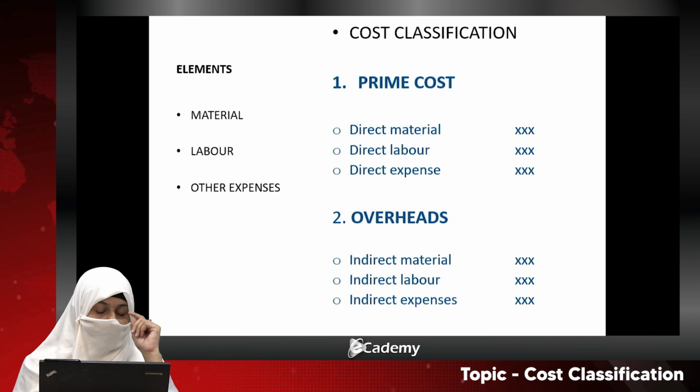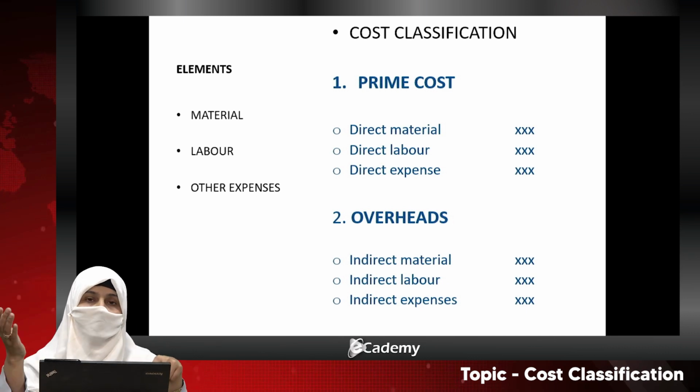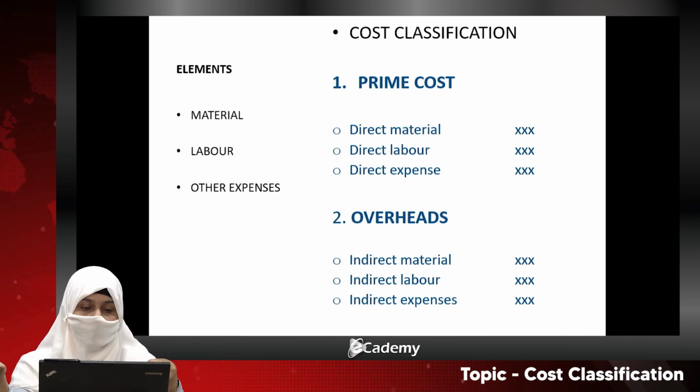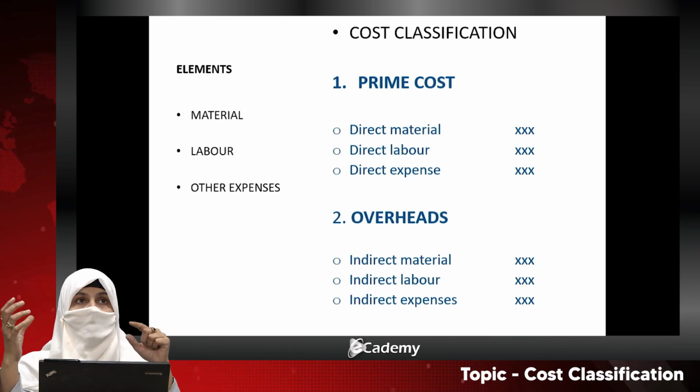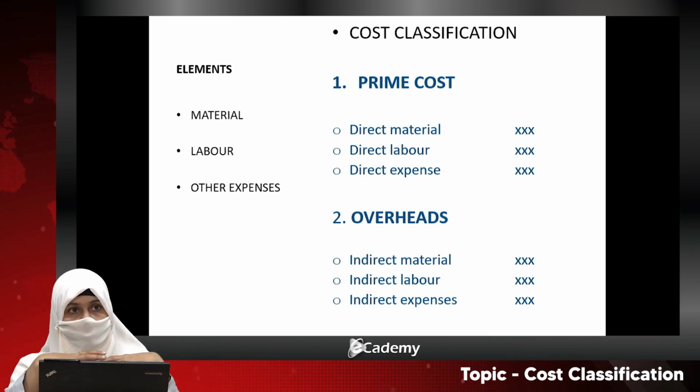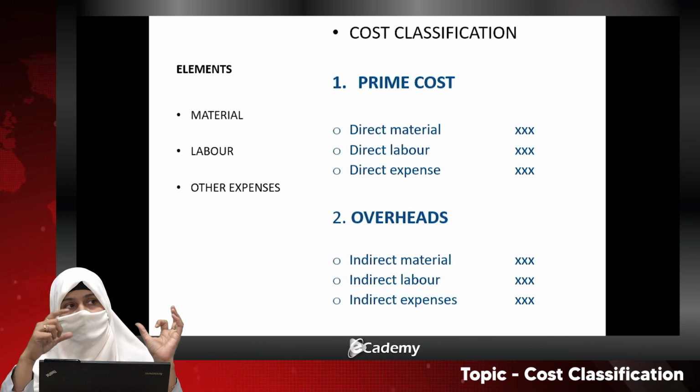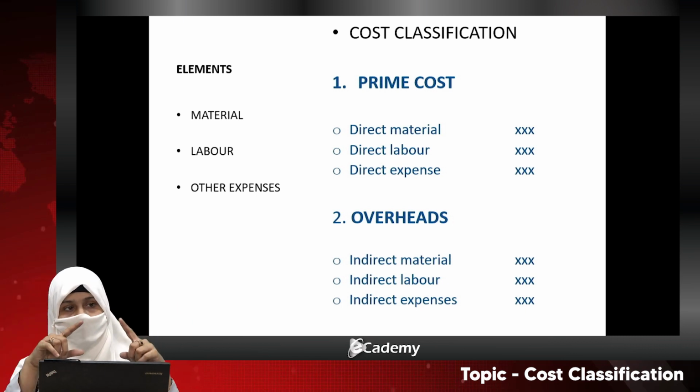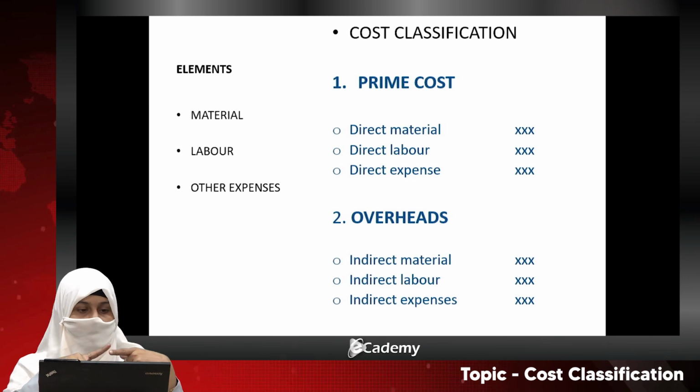As far as overheads are concerned, we have dealt with indirect material and indirect labor as well. Anything which is not fitting in any category comes under indirect expenses. If it's not a thing, not a human expense, not on customer request or directly chargeable to the products, then all such expenses are indirect expenses.